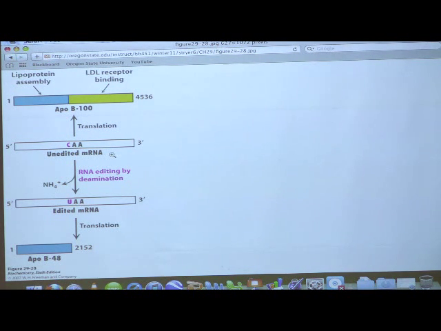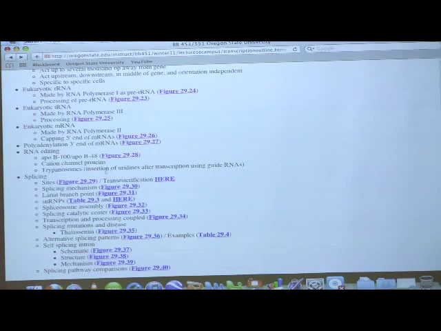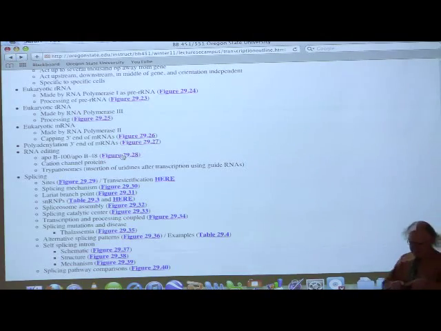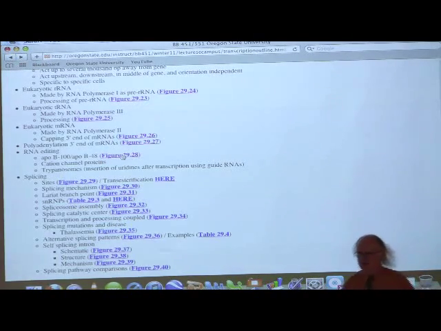Now, there are other examples of editing that occur, and some of them are rather elaborate. One of the most unusual schemes for editing is actually found in a lower eukaryote known as the trypanosomes. And what trypanosomes do is kind of bizarre. They will make messenger RNAs, okay?